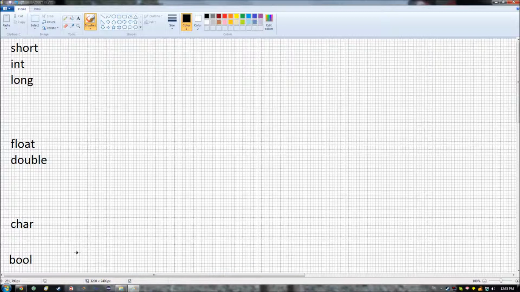Now, for how these are represented in binary, I'm going to start off with the easiest one first, and that's bool, because a boolean is just a 1 or a 0 for true or false. So, it's relatively simple. As I showed earlier, you can convert from these other data types into a boolean.